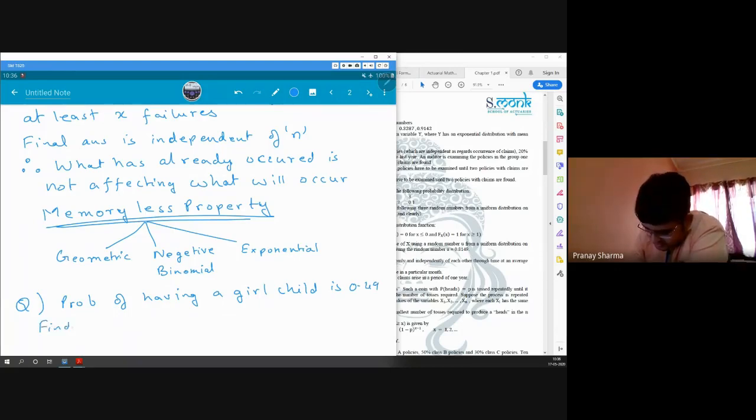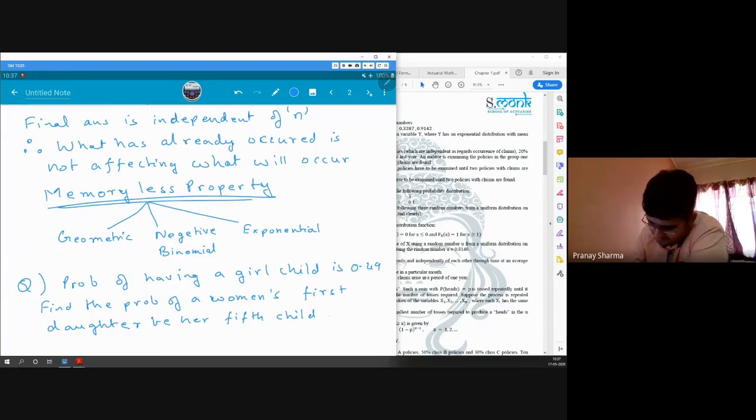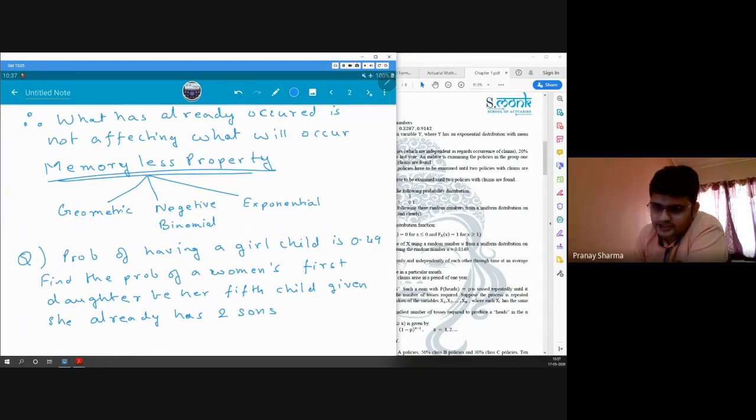Find the probability of a woman's first daughter being her fifth child, given she already has 2 sons. She already has 2 sons.